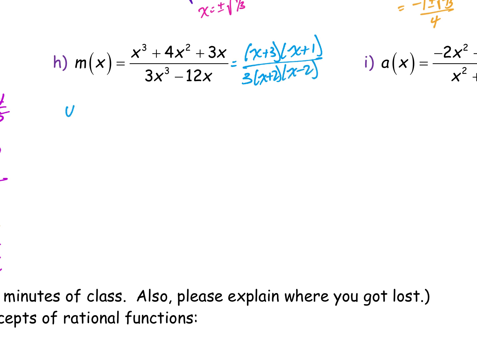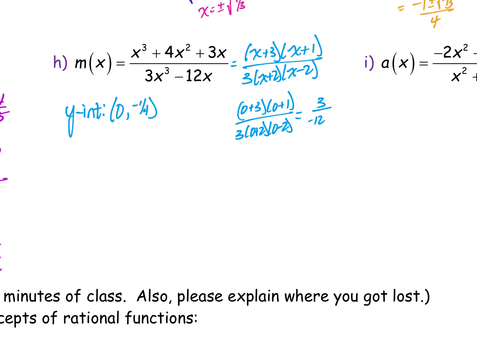And so for my y-intercept, that's going to be, let's see, 0 plus 3 times 0 plus 1 all over 3 times 0 plus 2 times 0 minus 2. 3 over negative 12, so that's negative 1/4.